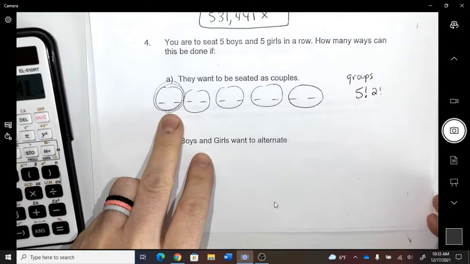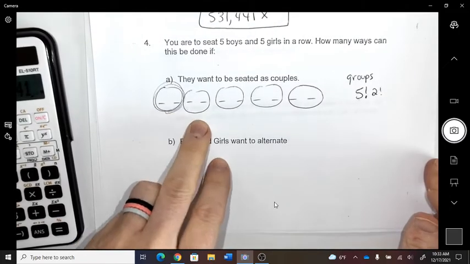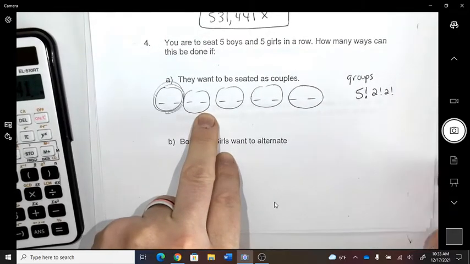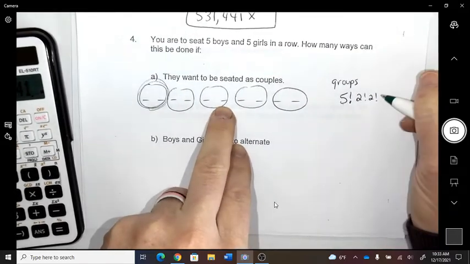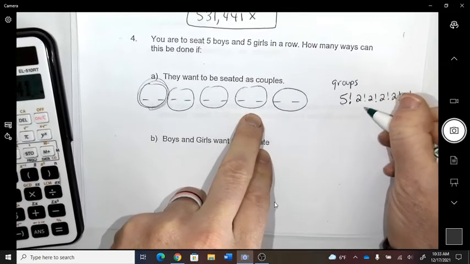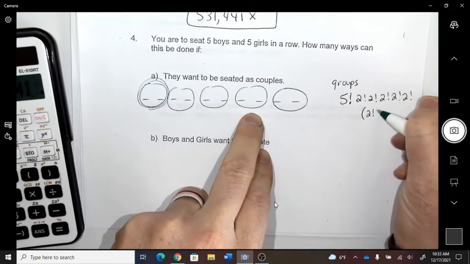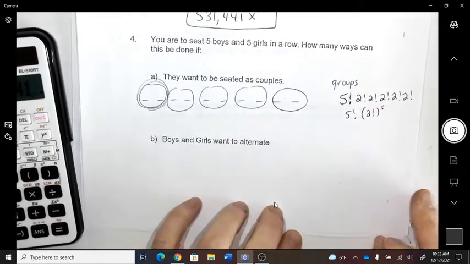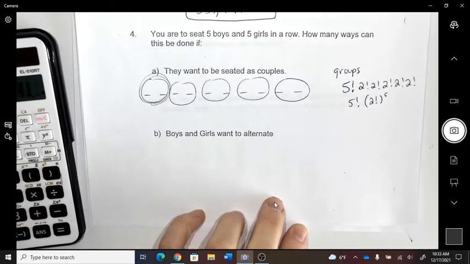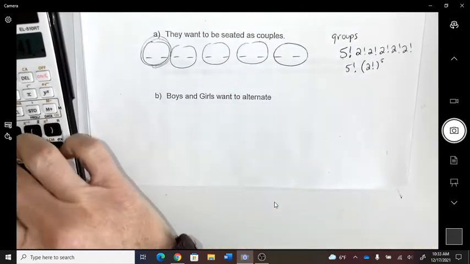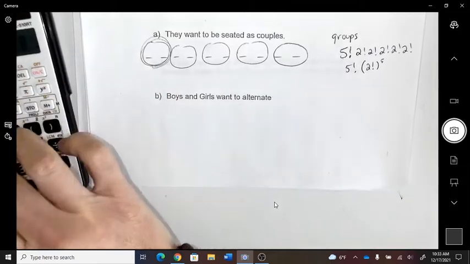They could move around, 2 factorial. What about inside this group? They could also switch around. Okay, so could this, so could this, so could this. That would be the way I would do that shorter. Okay, can you get me a number on that?